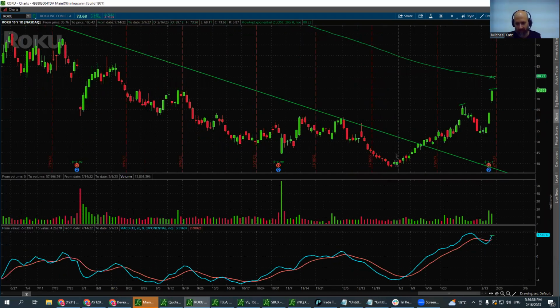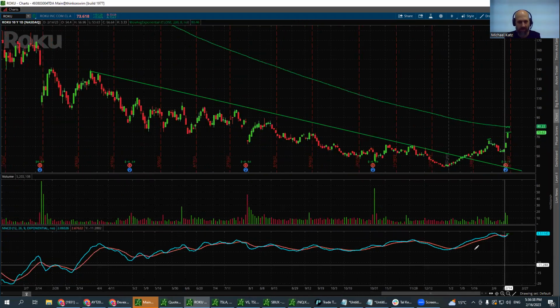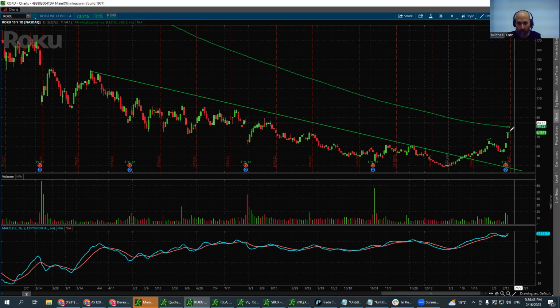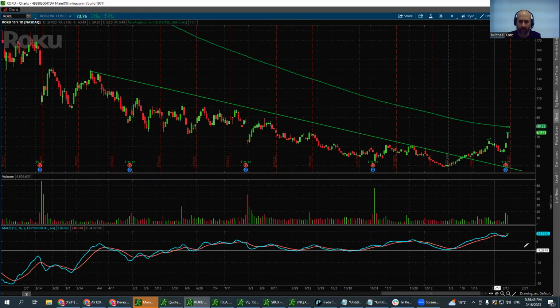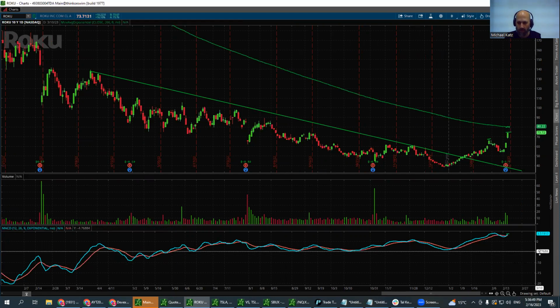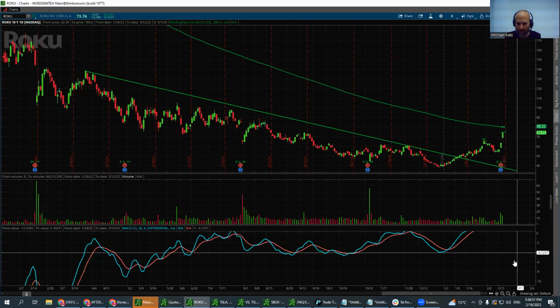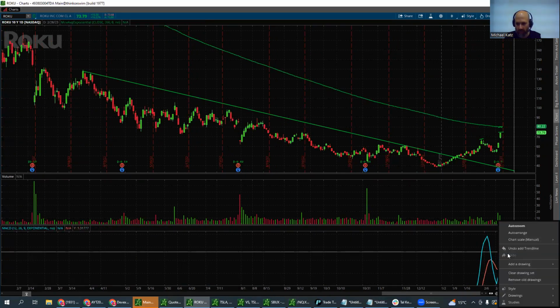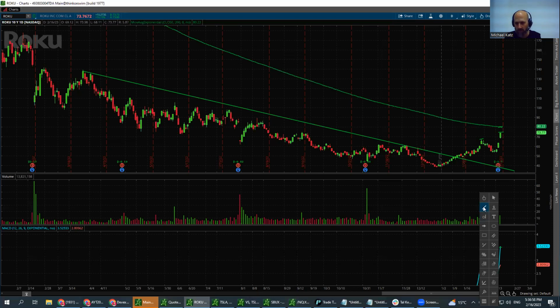So what I would love to see is that we reach the 200 EMA while the MACD continues showing us weakness. So basically, let's do this. You will see the price reaching the 200 EMA.